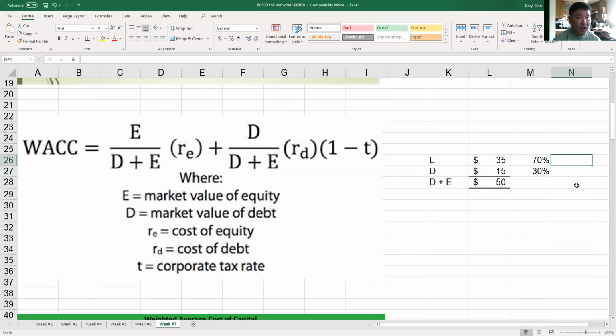You'll see this abbreviated as WE, the weight of equity. What percentage of 50 is equity? And this will be the weight of debt. So the 70 plus the 30 is equal to 100%. Of your borrowing, 70% is coming from common equity, and 30% is coming from debt.